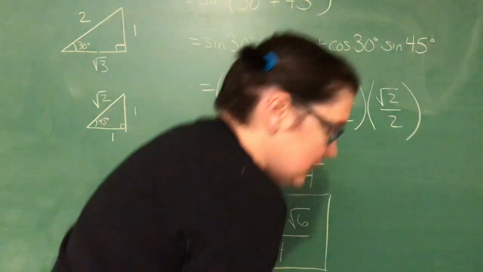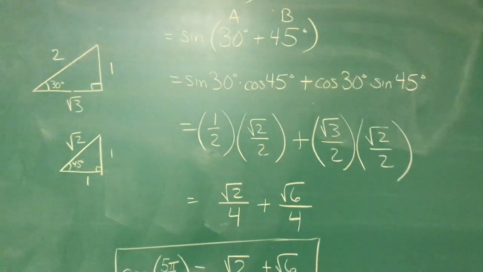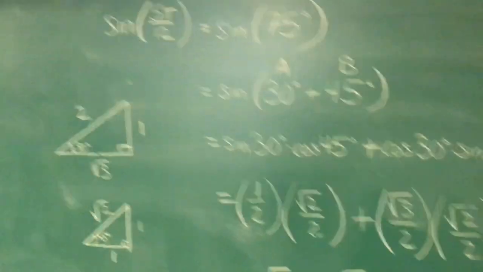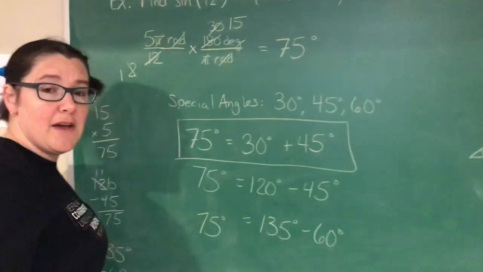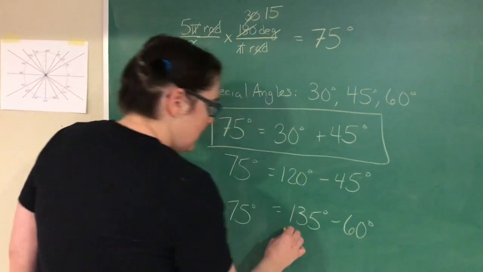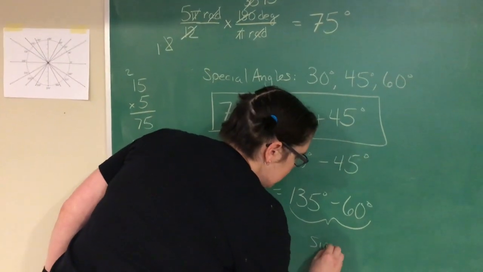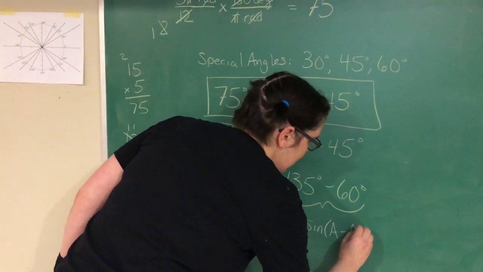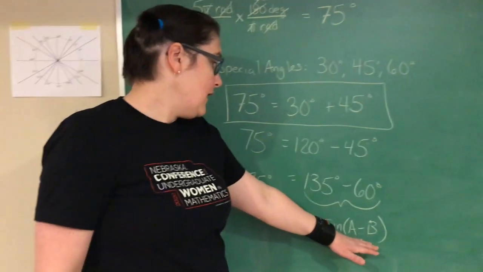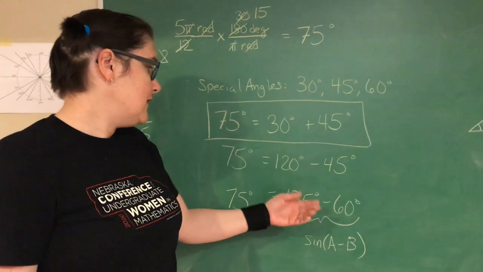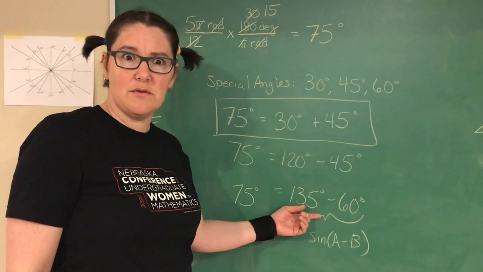Now I would encourage you to take a look at one of these other two combinations. So maybe take a look at 135 degrees minus 60. If you're going to use 135 degrees minus 60, you're going to be using the formula for sine of A minus B. And when you calculate things like the sine and the cosine values, you'll need to think about sine and cosine of 135 degrees.